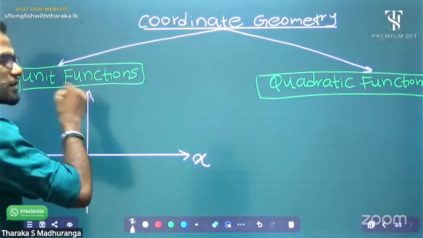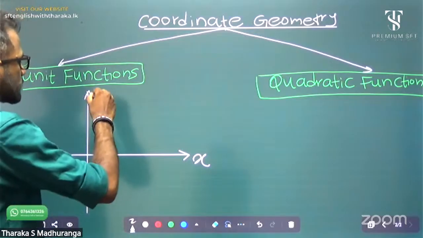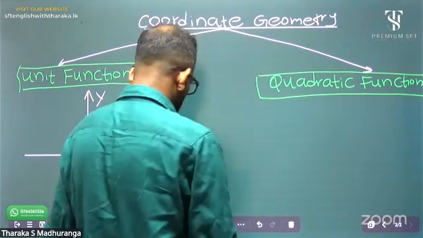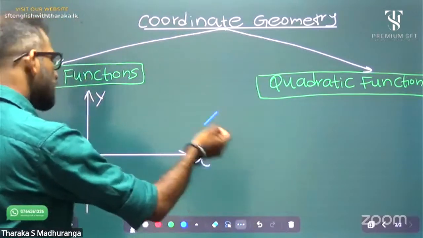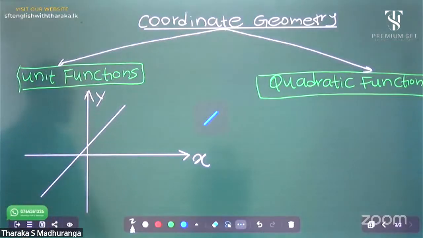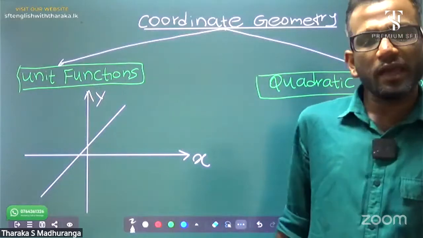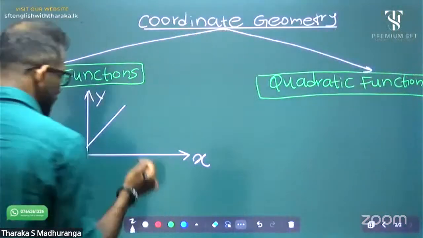What is this vertical axis? Y axis. Very good. If you have any straight line on a Cartesian plane, its relationship we call unit functions, the relationship between the x and y axes.